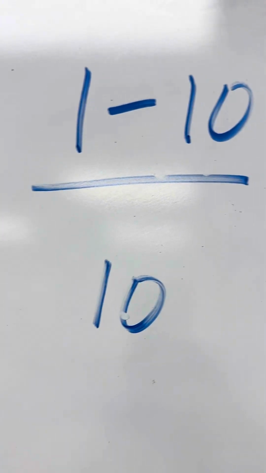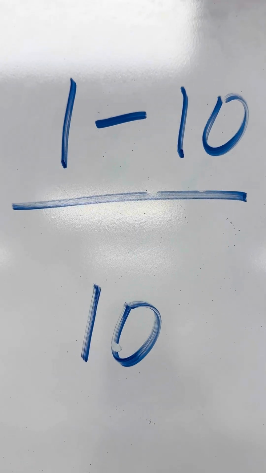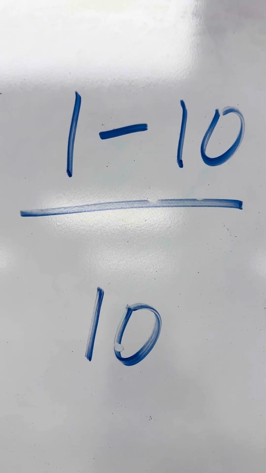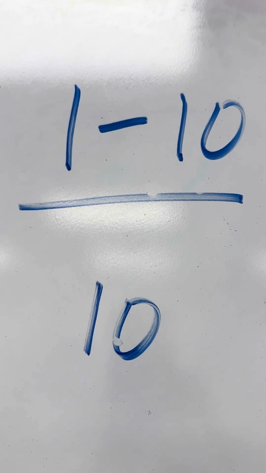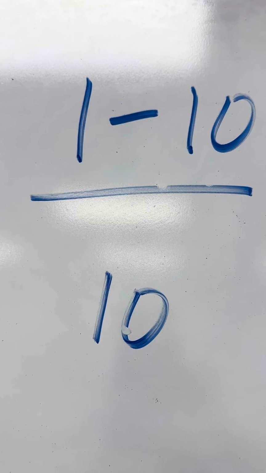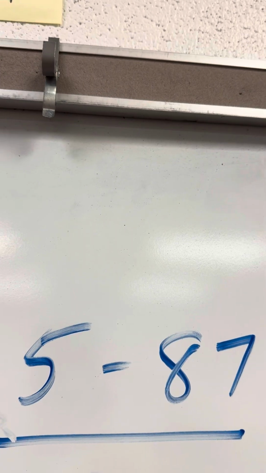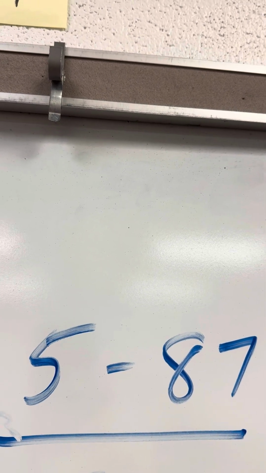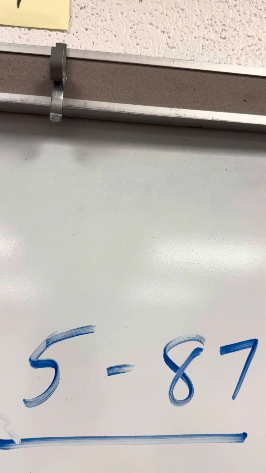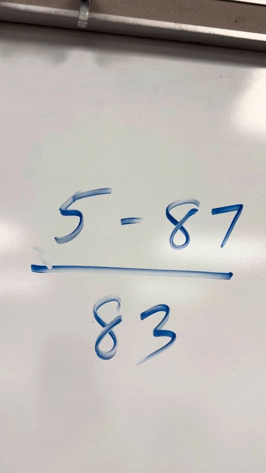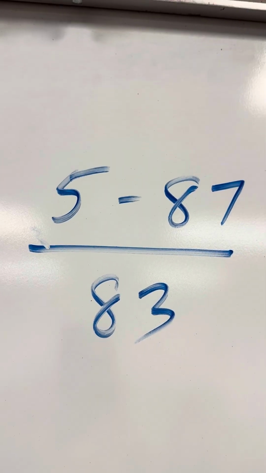Same thing is even here. What's 10 minus 1? 10 minus 1 is 9. 9 plus 1 is 10. Okay? So, how many numbers are there from 5 to 87? You take 87 minus 5, which is 82, add 1, you get 83, right?